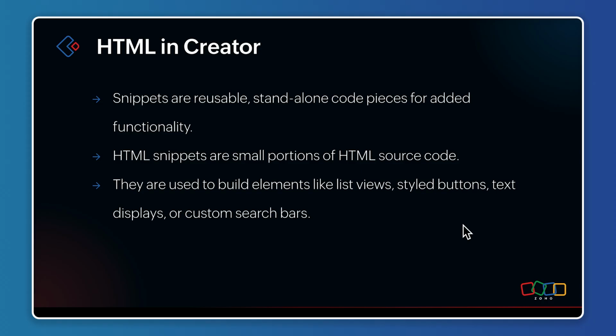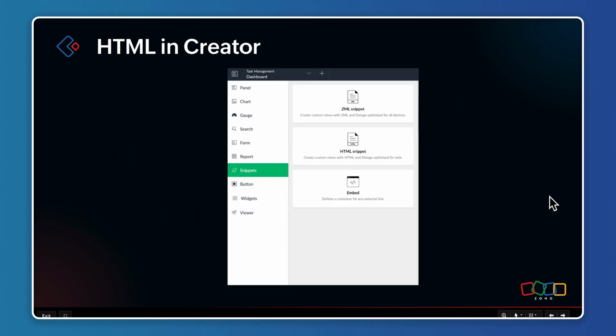Now, how can we use HTML and where can we use it? You can go to the page builder and open the edit mode of the page builder. You can choose the snippet, and from snippets you will get to choose the HTML snippet. All you have to do is drag and drop the snippet to your page builder, right?